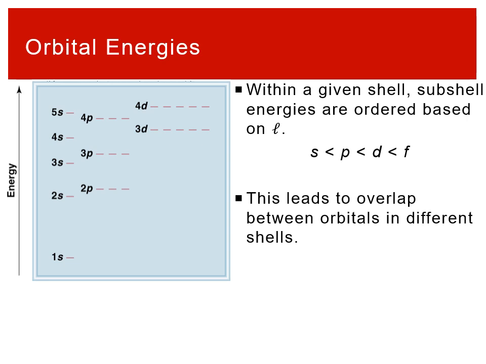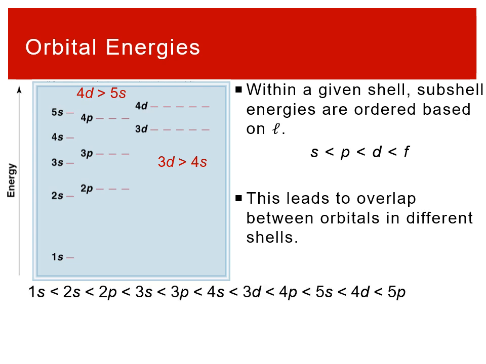That leads to some interleaving, where we can see that 3d has a higher energy than 4s. Even though 4s is in a higher shell, it is lower in energy because the s shape is more stable than d. This pattern continues. 4d is a higher energy than 5s. Overall, this leads to an ordering of all the different subshells based on energy.